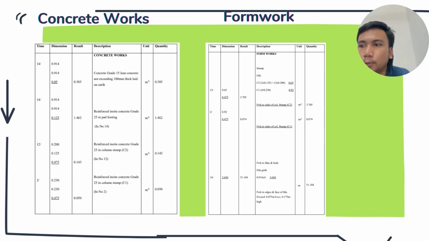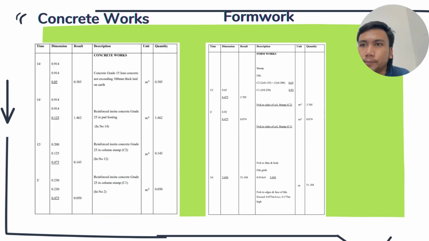For the concrete grade 25 in column stump for C1, 2 times 0.230 times 0.230 times 0.475 gives 0.050 meter cube.